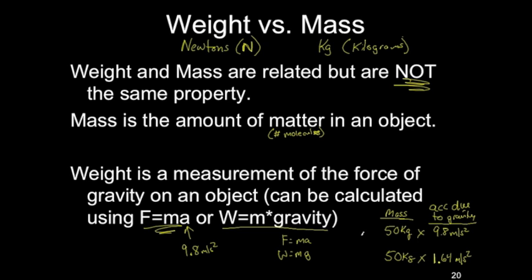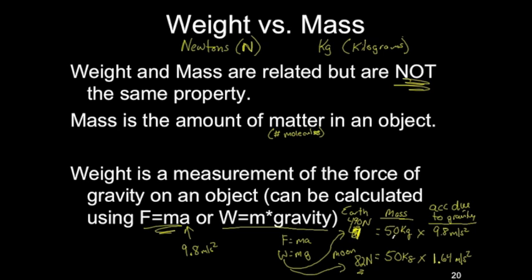So if we run the calculations, the weight of this object on Earth is 490 newtons. And then that same object on the moon has a weight of 50 times 1.64, which is 82 newtons. So you can see the weight of the same object on the moon is much less.